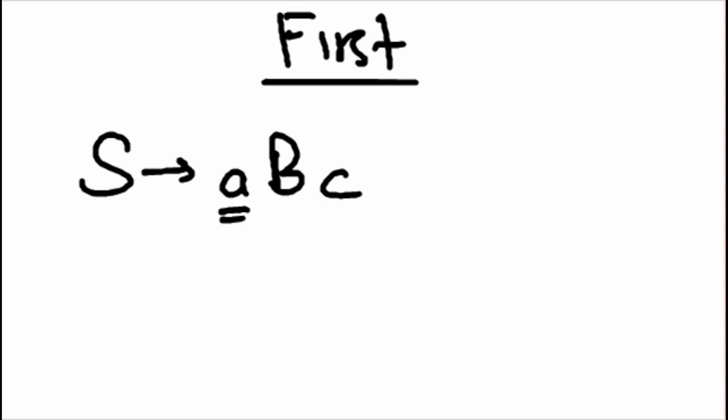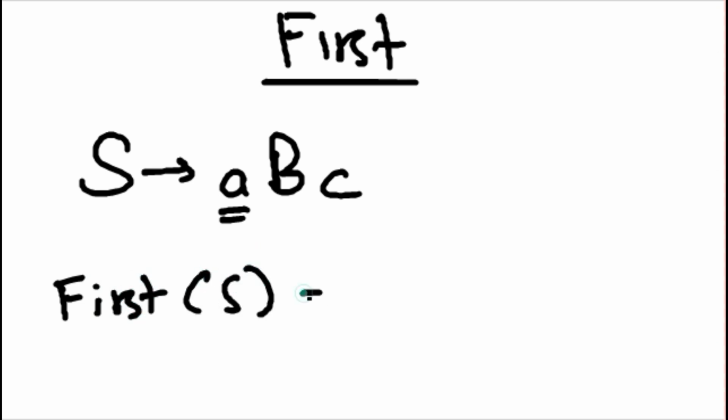If there is a terminal symbol after this arrow, it means that it will be included in the first of S. Therefore, first of S is equal to, you have to write all the firsts in the curly brackets, and it is a, and that's all.